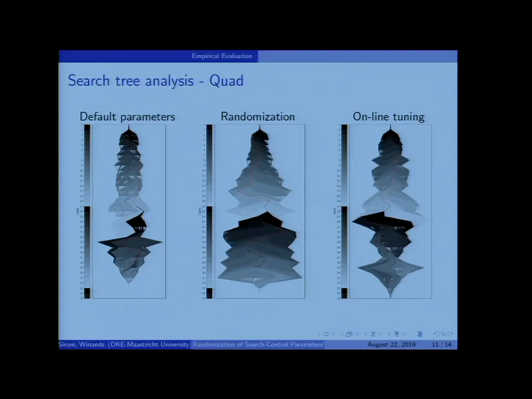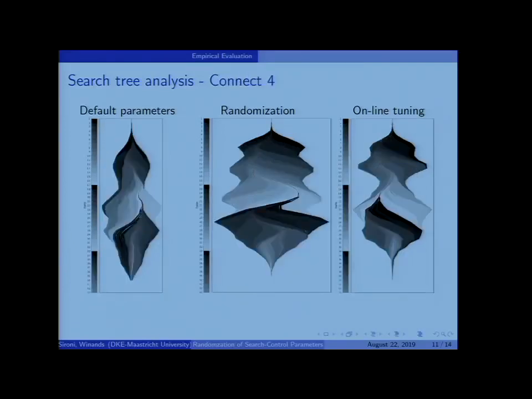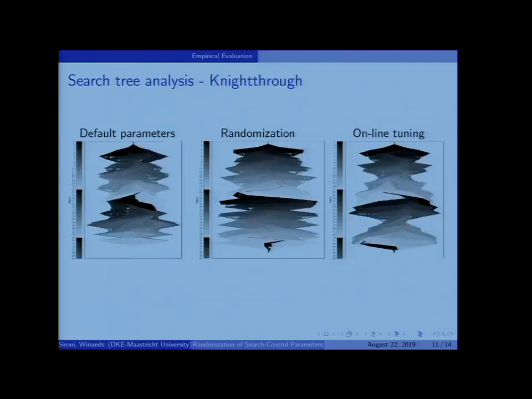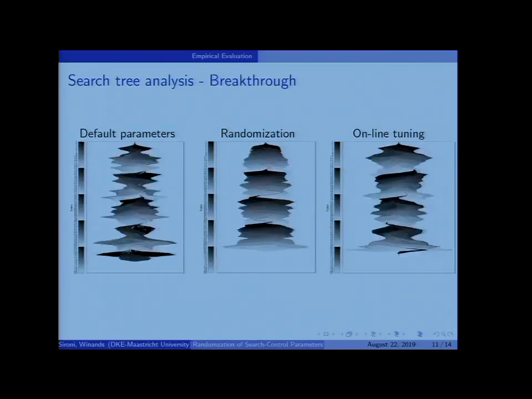So it tends to visit the tree deeper, but not explore too many branches. Randomizing does the opposite. It tends to be shallow and build a much larger tree, but go less deep for each turn. And online tuning seems to be sort of in between. And this actually happens for all the games that we've tested. We have a similar situation in Connect 4, in Night Through, and in Breakthrough. So this performance seems to be very much game dependent.